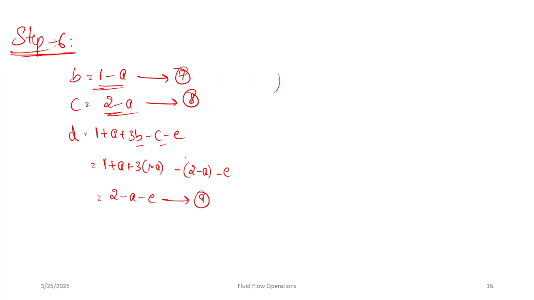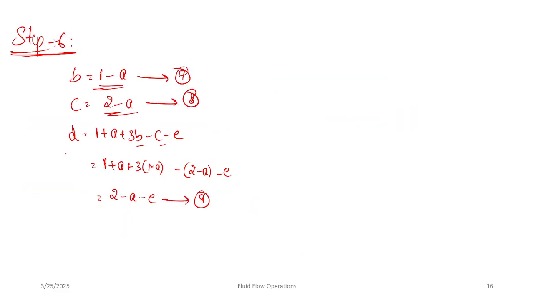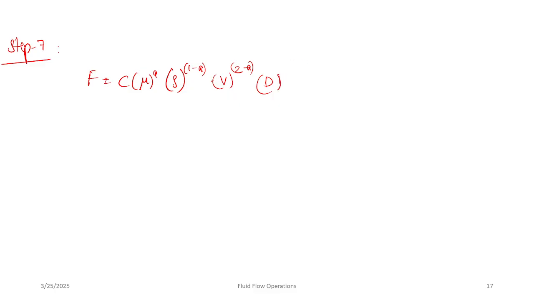and D is raised to the power D, right? So instead of D we can write 2 minus A minus E, and epsilon is raised to the power E. Okay, so we have eliminated B, C, and D from this equation.